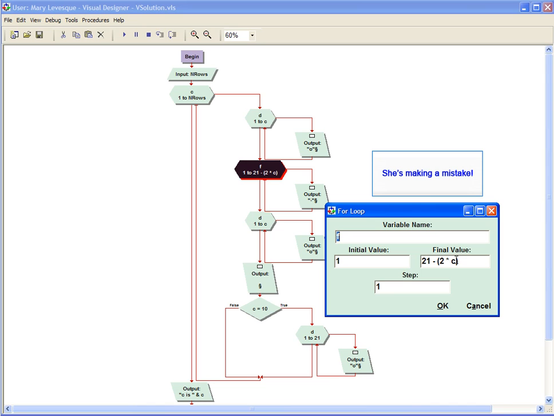So the 2 value is going to need to be the number of rows times 2, and then plus 1. So when we had a 10, we had 10 times 2 plus 1, and that gave us our 21. Okay.